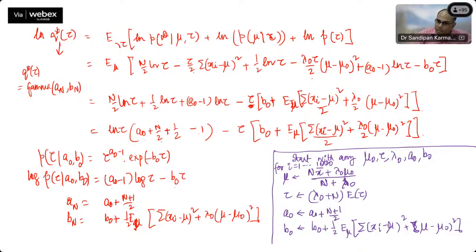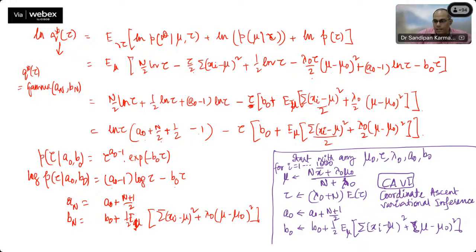What kind of variational inference is this? This is known as CAVI, which I think was mentioned in the earlier class: coordinate ascent variational inference.